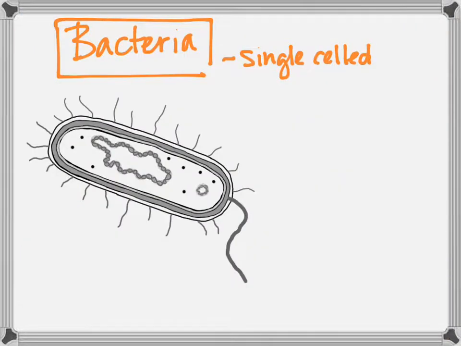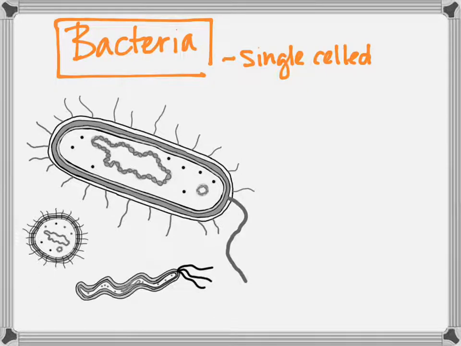There we are. Good old bacteria. Single-celled organisms, pretty basic. There are a few different shapes. We've got your rods, and you've got your spheres, and you've got these wiggly guys, spirochetes, but they're all single-celled. None of them have a nucleus.